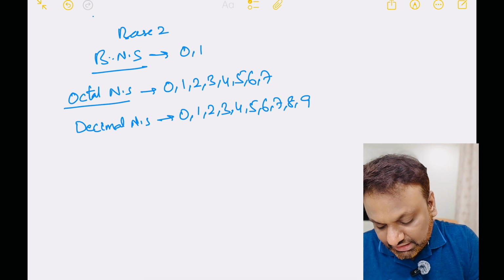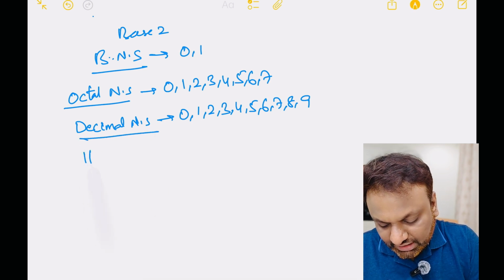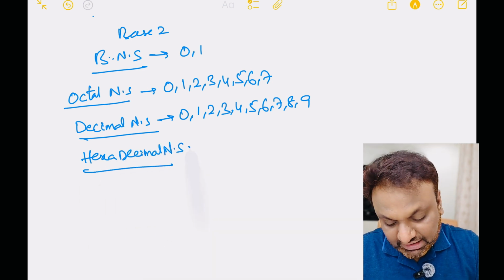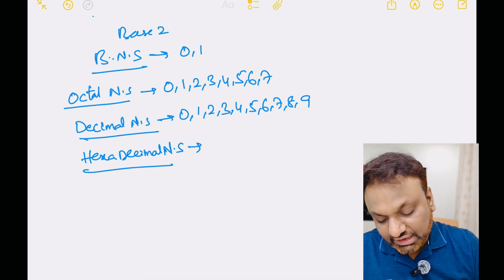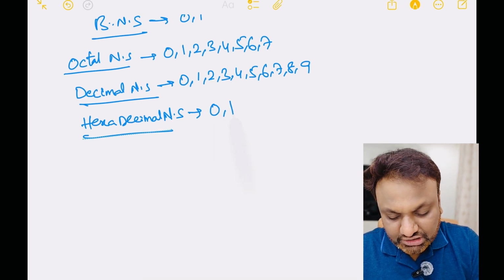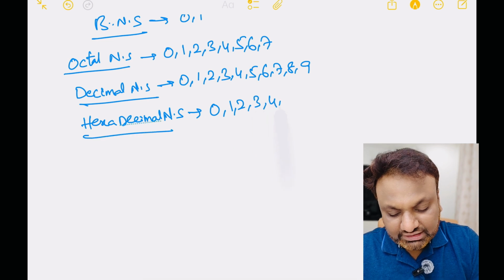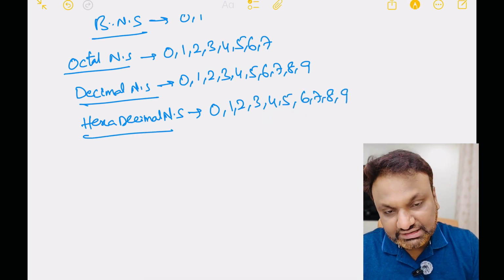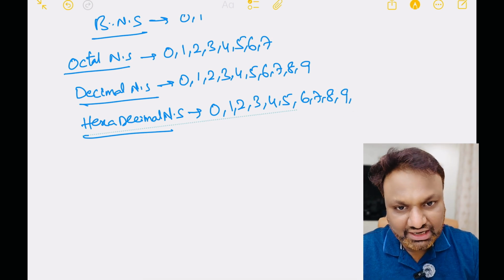Similarly, the hexadecimal number system is called base 16, and the numbers formed here are 0, 1, 2, 3, 4, 5, 6, 7, 8, 9. After 9 in the hexadecimal number system we don't write 10 or 11.